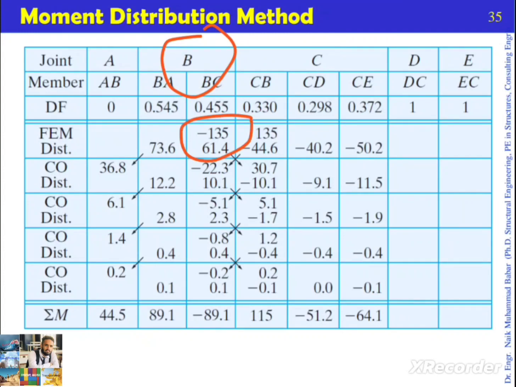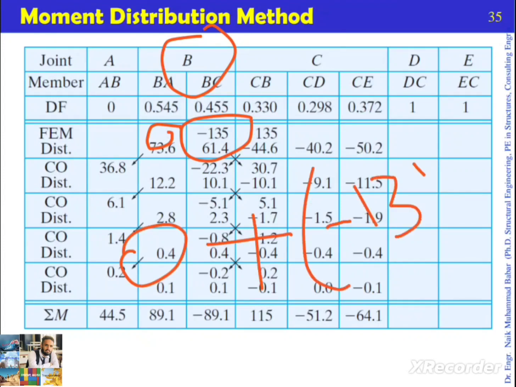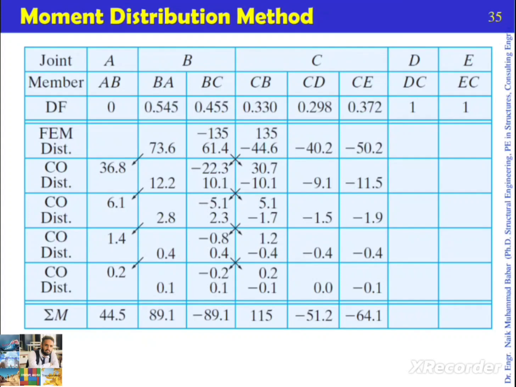We take the net moment at joint B, so the net will be this fixed end moment plus this fixed end moment. 0 plus minus 135 will be equal to minus 135. Take the opposite sign of this net moment, which is plus 135.